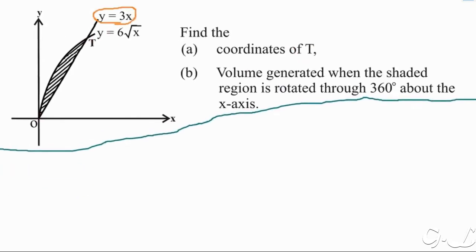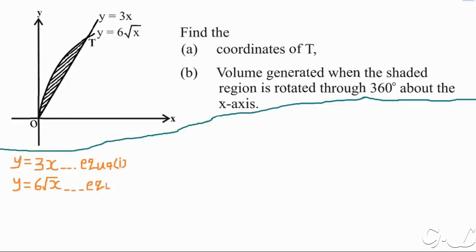We are given to find the coordinates of T. The main interest is the coordinates of T, but in this video we are going to find both points, the coordinates of O and the coordinates of T. The first thing we have to do is write the equations so that we solve them simultaneously.